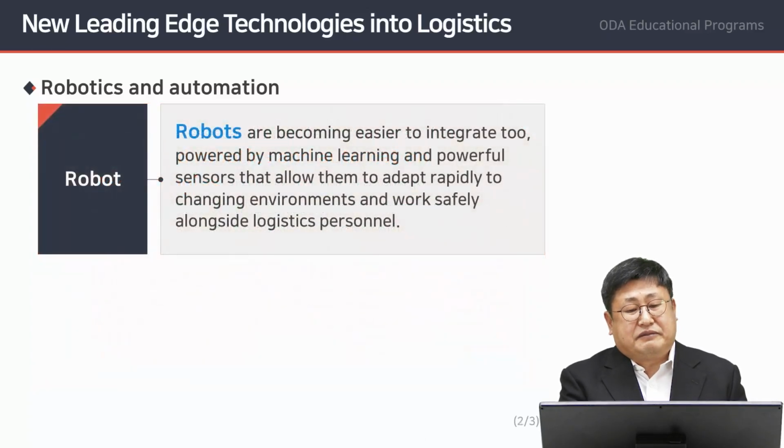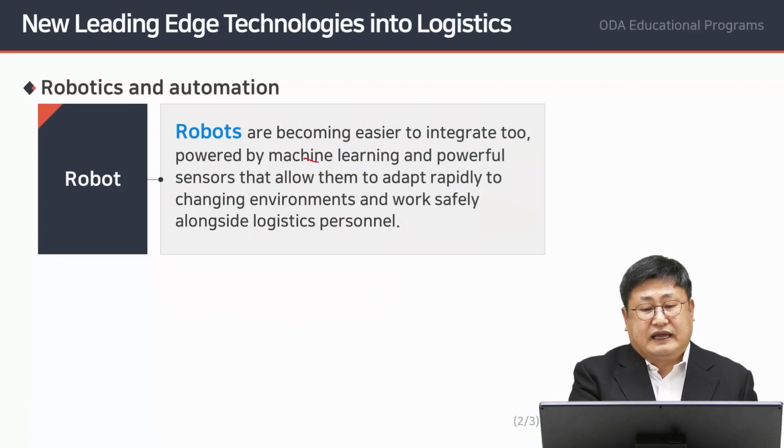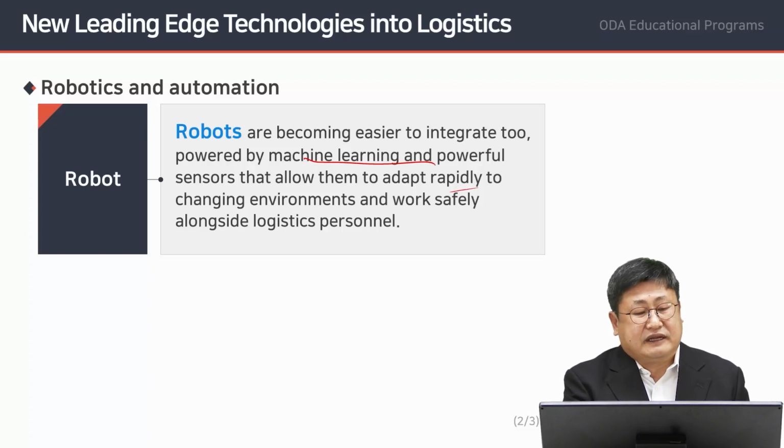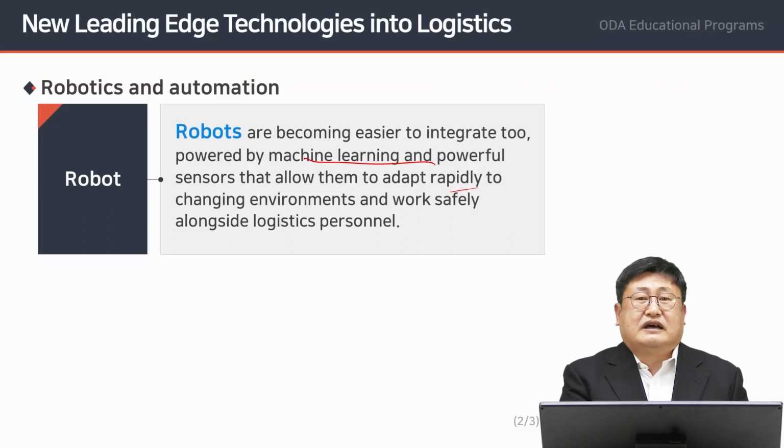And robots are becoming easier to integrate, powered by machine learning and powerful sensors, right? They allow them to adapt rapidly to a changing environment and work safely alongside logistics personnel. And I believe you may find that robotics and AI and big data are unfamiliar to you.